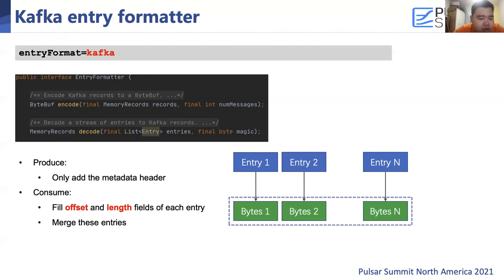When we handle consumer fetch requests, the process is a little more complicated. First, KOP will fill the offset and the length fields of each entry, then merge these entries into a ByteBuf. Finally, the ByteBuf will be converted to memory records and sent to the Kafka client.